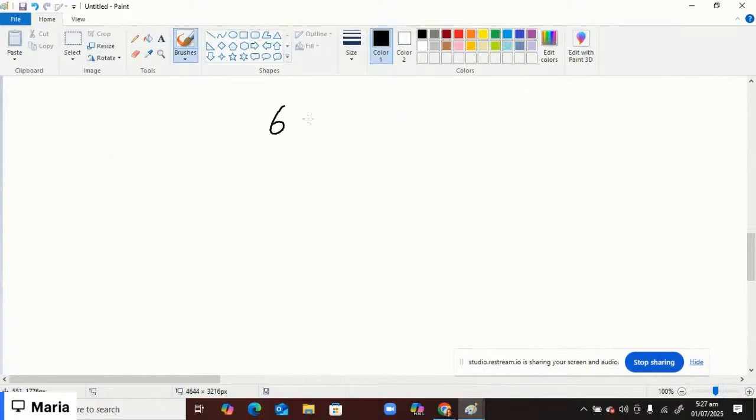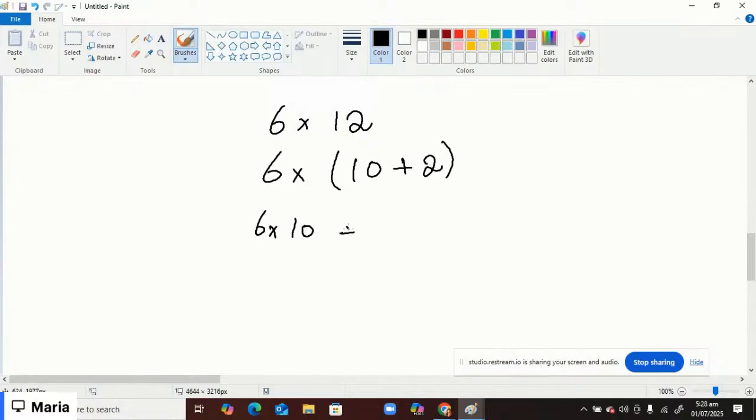So here 6 times 12, and 12 is split into 10 plus 2. Now 6 times 10 plus 6 times 2. So what is the answer? 60 plus 12, that is 72.